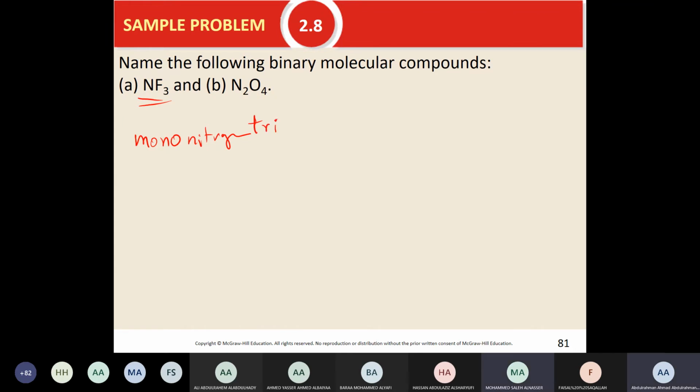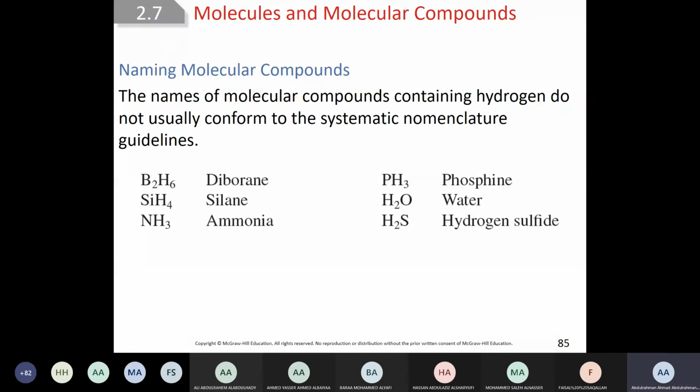Dinitrogen tetraoxide. No, this one still, we are here. Trifluoride, at the end. Very good. How about this one? Dinitrogen tetraoxide. Very good.